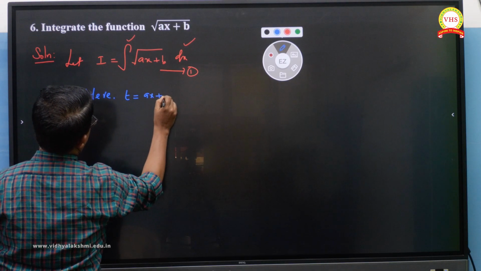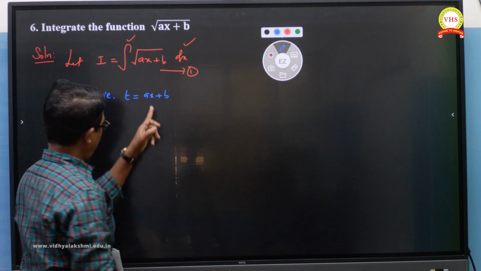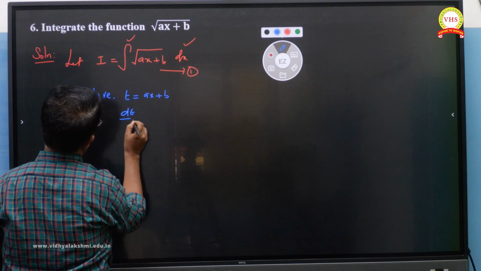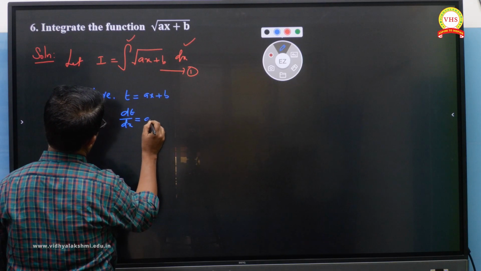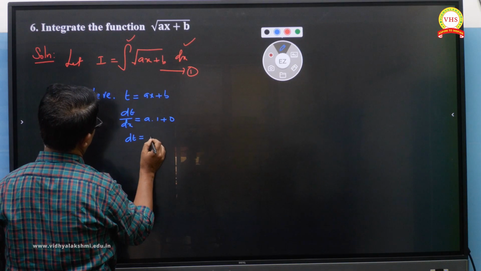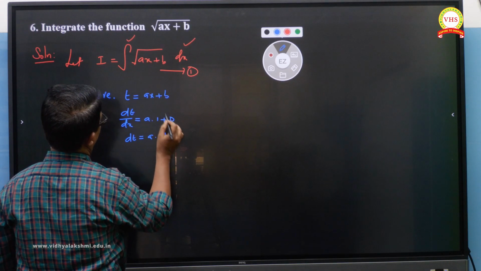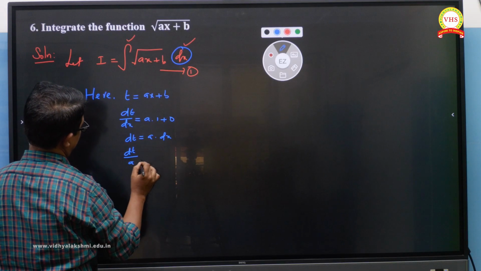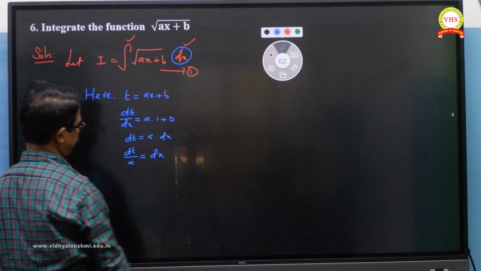Ax plus b. Don't take it with the square root, only within the square root. That is dt by dx equal to a into 1 plus 0. That means dt equal to a into dx. I need only the dx. That means dt by a equal to dx.